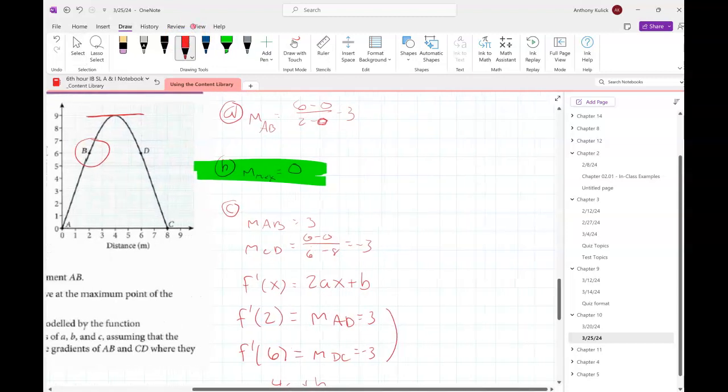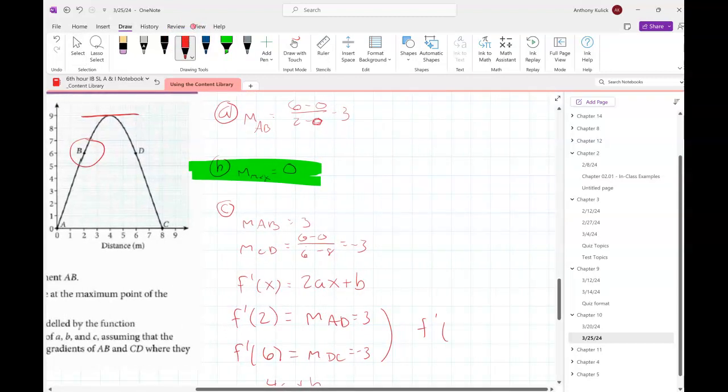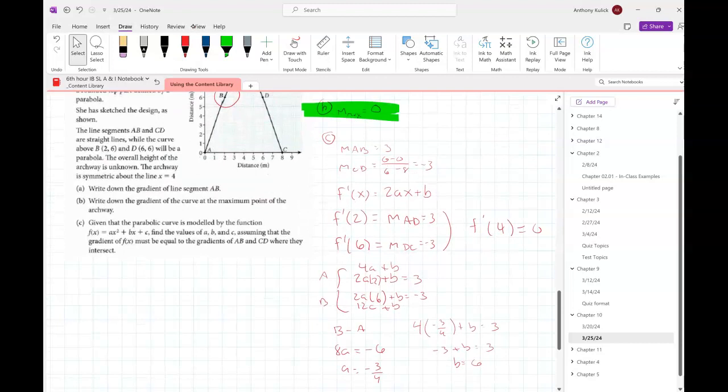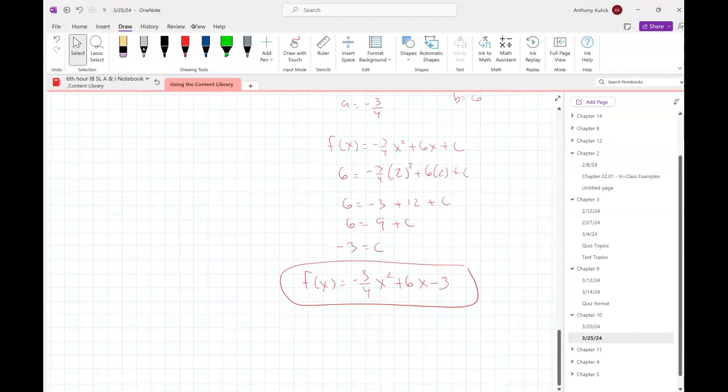You could have also said that f prime of 4 has to equal 0. You could have used that in place of one of those other two and still been okay. Is that all right? Again, just because you could, whatever. But that's what you do there.